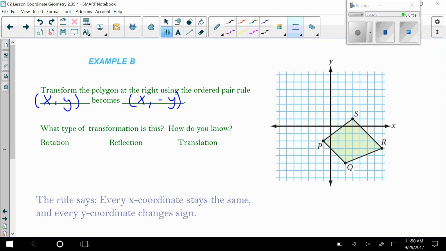Let's start with point P. P is (-1, -2). That becomes (x, -y), so it becomes (-1, 2).